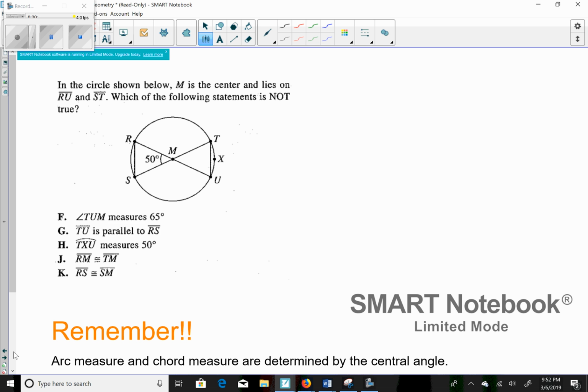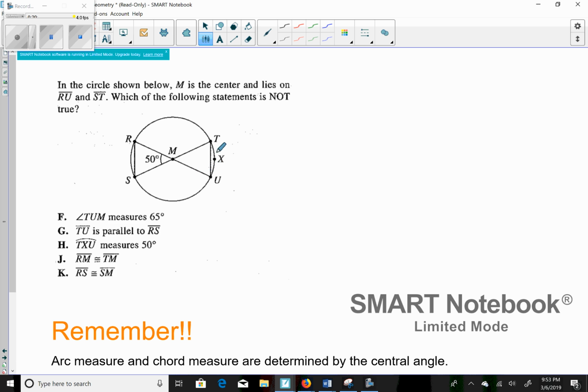And the last one, number 15. In the circle shown below, M is the center, and the lines are TU and ST. Which of the following statements is not true? So the first one says that the measure of angle TUM is 65 degrees.